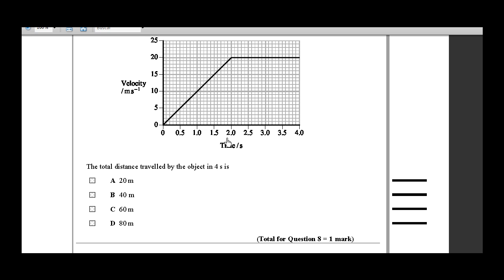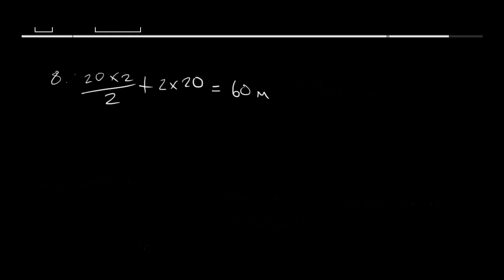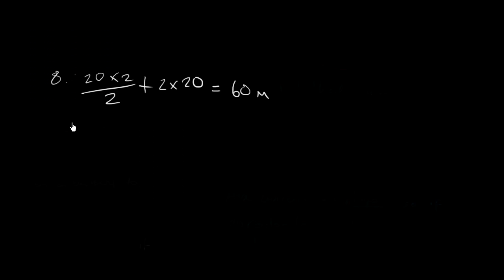Don't take the full time, so that's another 2 seconds from here to here, and it's got 20 of height, so that's 2 times 20 again, but this time we don't divide it by 2 because it's a full rectangle, and so we get 40 divided by 2 is 20 plus 40, so that should be 60 meters in the first 4 seconds for question 8. So that is option C.